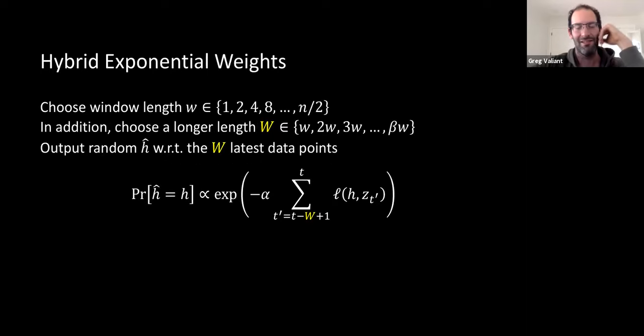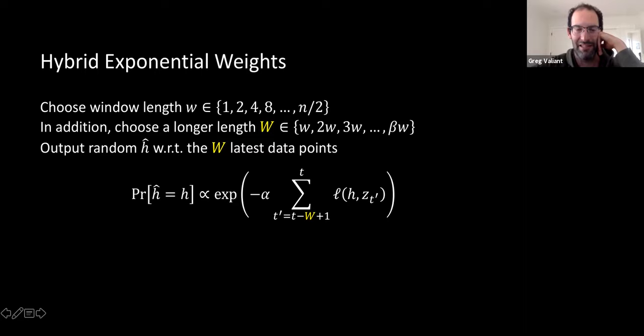Okay, and then the algorithm that yields the final log is that we end up picking a longer window. The window length we pick is little w, and we choose that from a distribution that has equal mass on 1, 2, 4, 8, 16, 32, and so on.